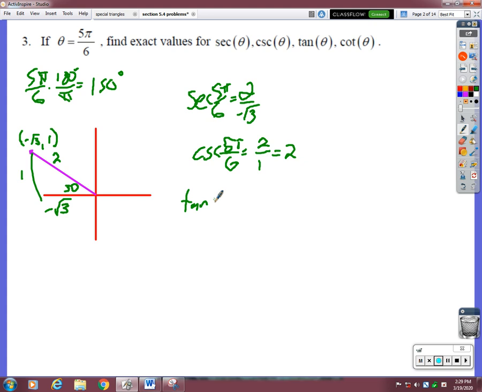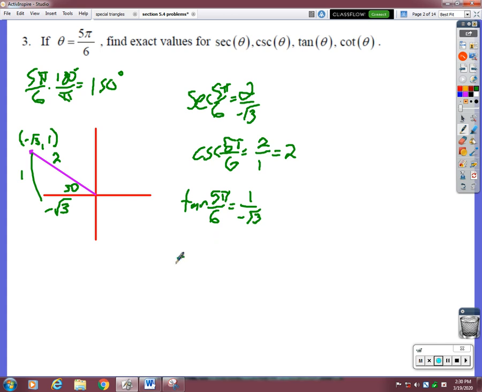The tangent of 5 pi over 6 is y over x, so that's 1 over negative square root of 3.